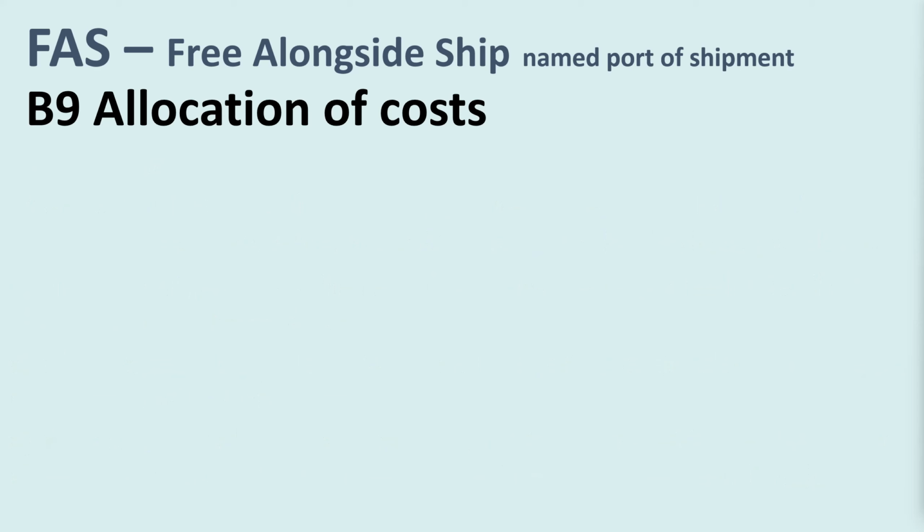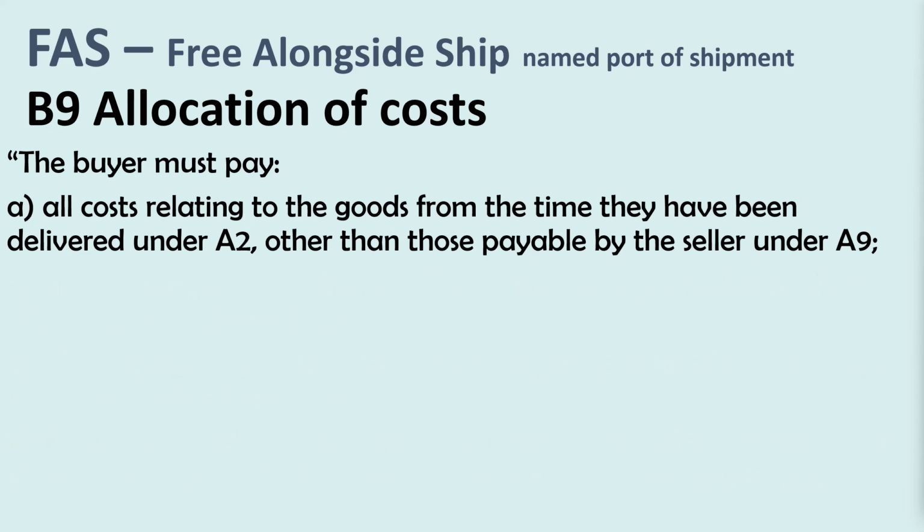B9 allocation of costs. The buyer must pay A, all costs relating to the goods from the time they have been delivered under A2, other than those payable by the seller under A9.